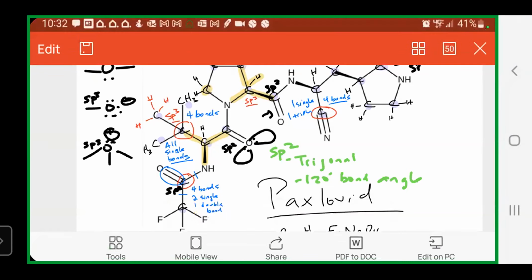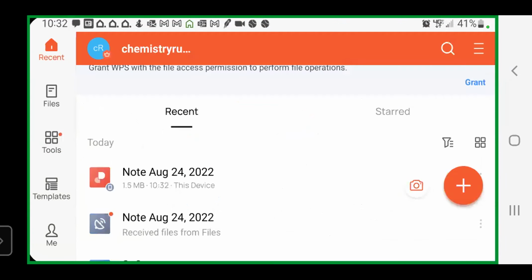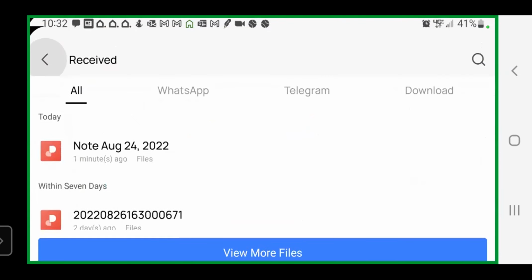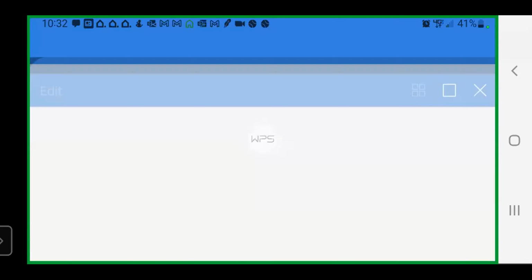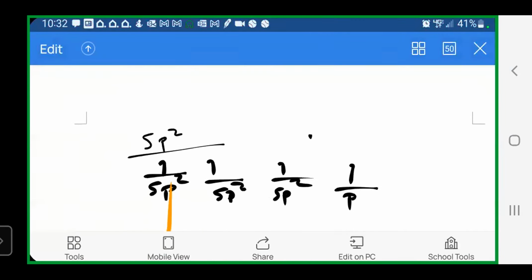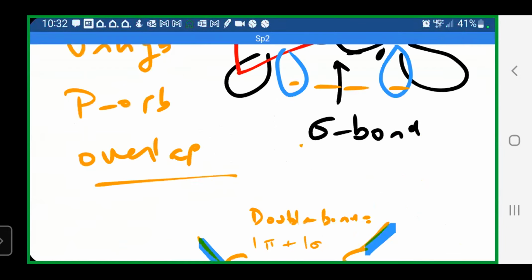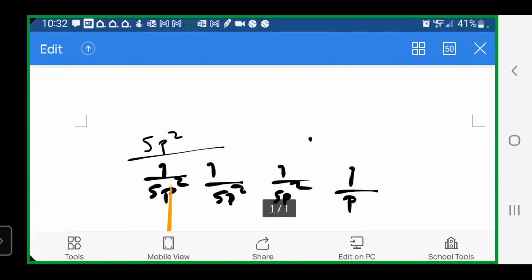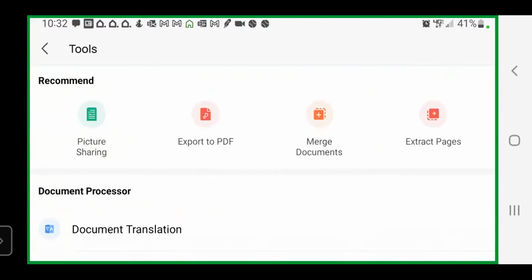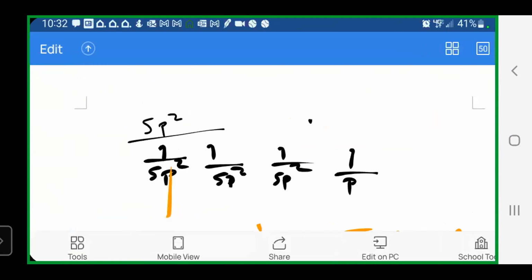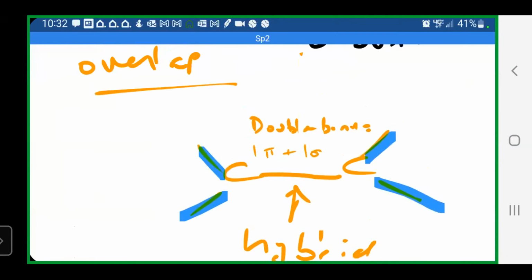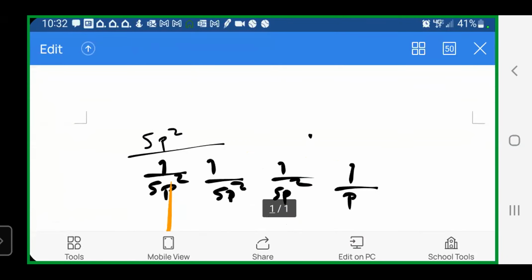All right, so let me go back to, I'm going to save this. Let me go back to the other sheet we were on, not that. Okay, and now we're going to talk about sp hybridization. We talked about sp2. I need to be able to add a page to this. This is really frustrating. You know what? I'll just make another document. How about that?